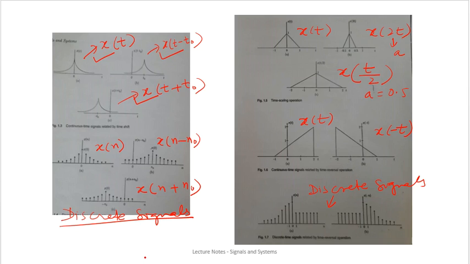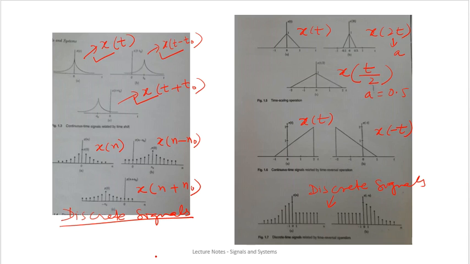Now in the next lecture, we will discuss the combined operations on different types of signals. Suppose in a particular signal we are asked to do the shifting and scaling operation, then how do we perform those operations simultaneously?